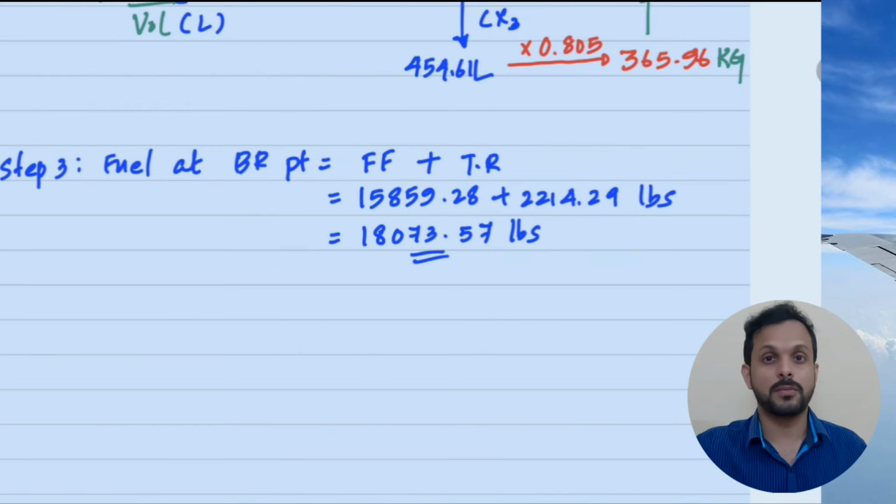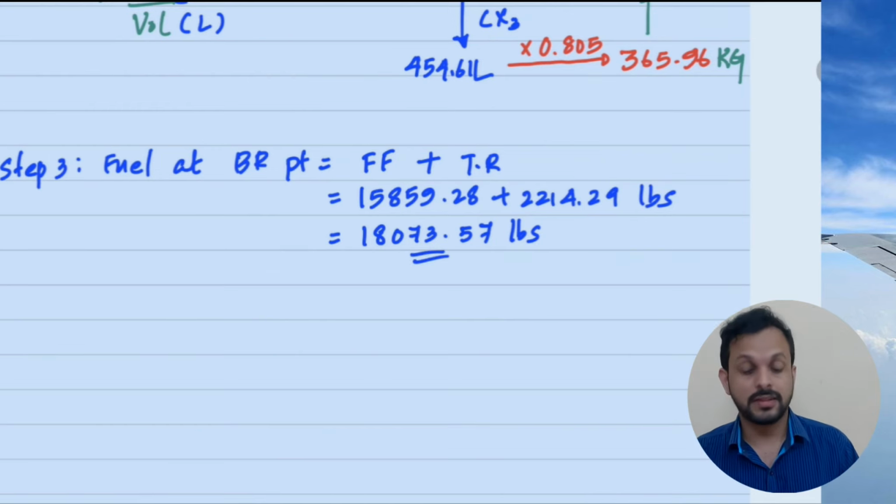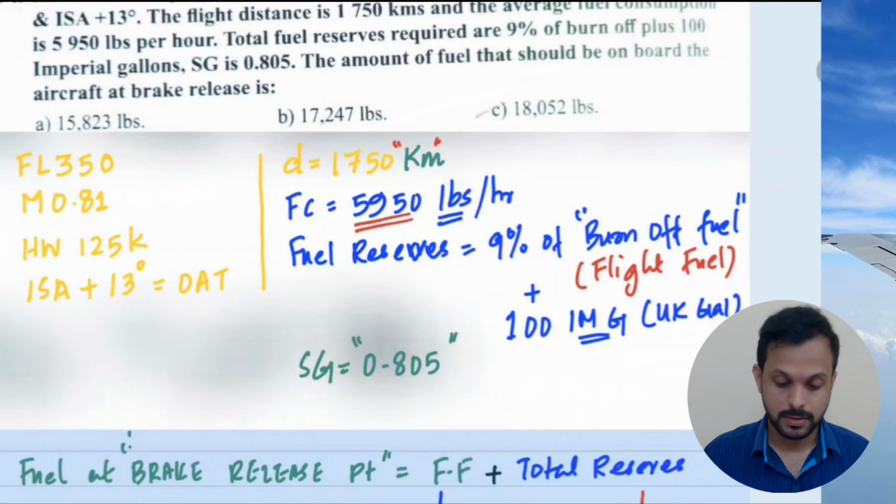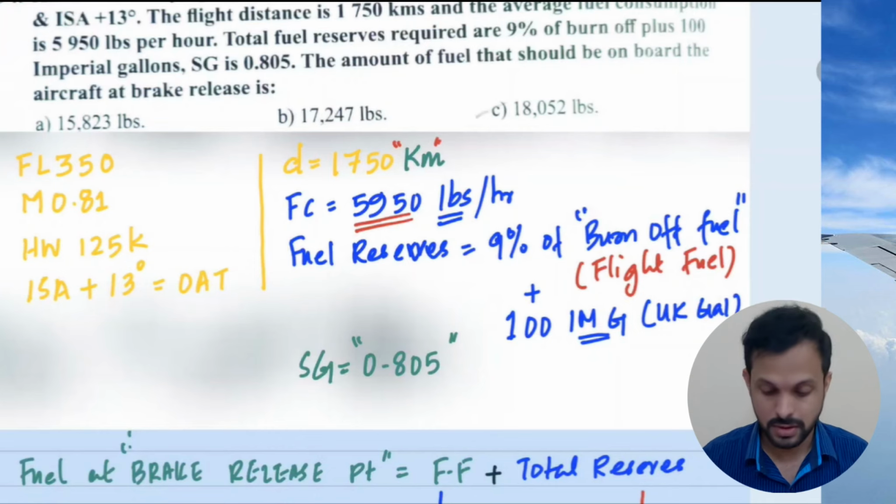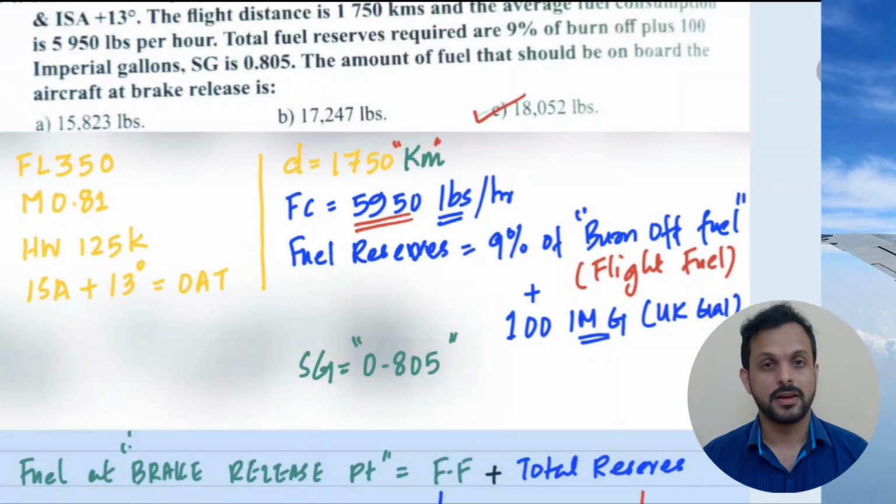The total fuel at brake release point is 18,073.57 pounds. Let's go back to the options now. So we have the value around 18,000, and therefore Charlie is the answer.